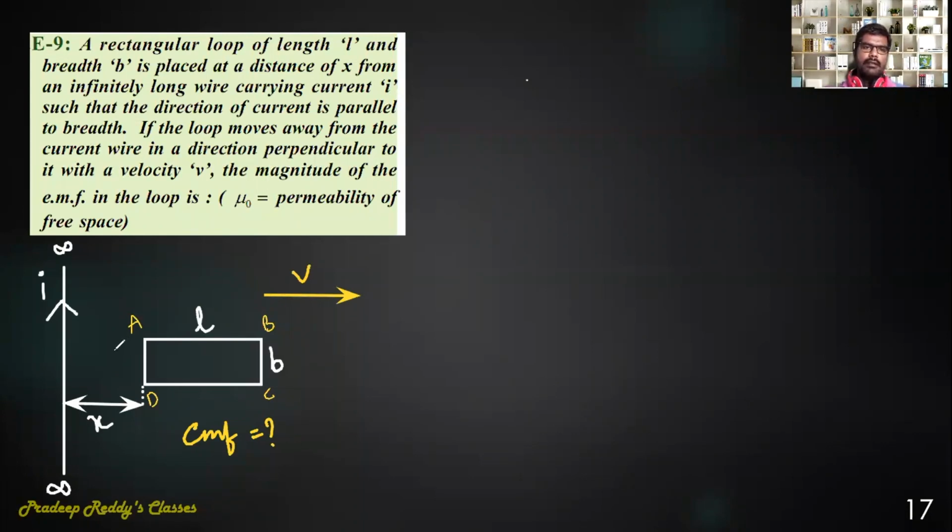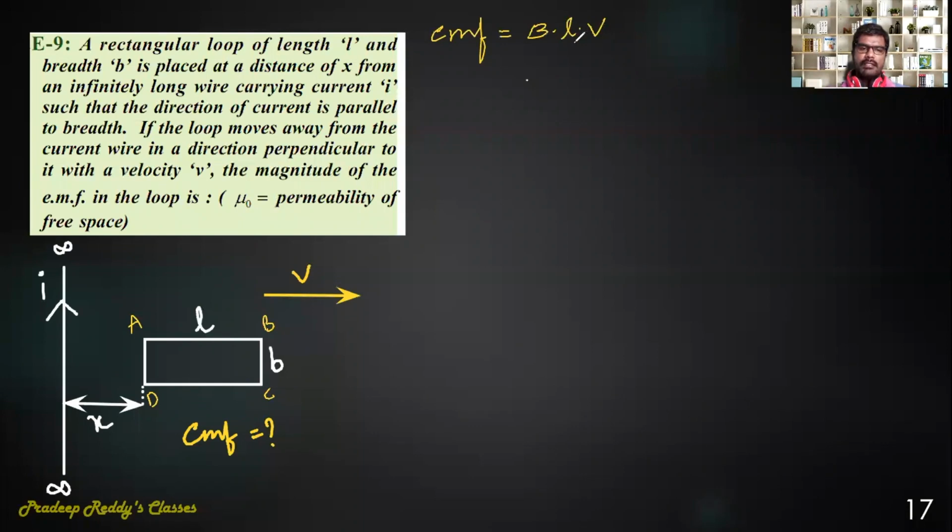Clearly, when the magnetic flux is undergoing change, only then is EMF induced within the coil. You are now supposed to calculate the EMF produced in the loop. In order to find the EMF produced in the loop, what is the basic relation for EMF? EMF produced in the coil will be equal to minus delta phi divided by delta t, or you can write it as BLV. Because it is motional EMF, you can just write it as BLV, where V is the velocity of the conductor, which is constant.